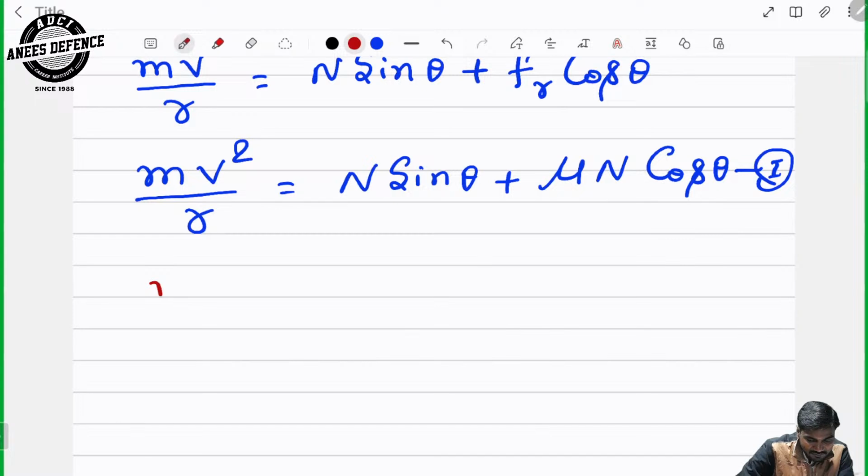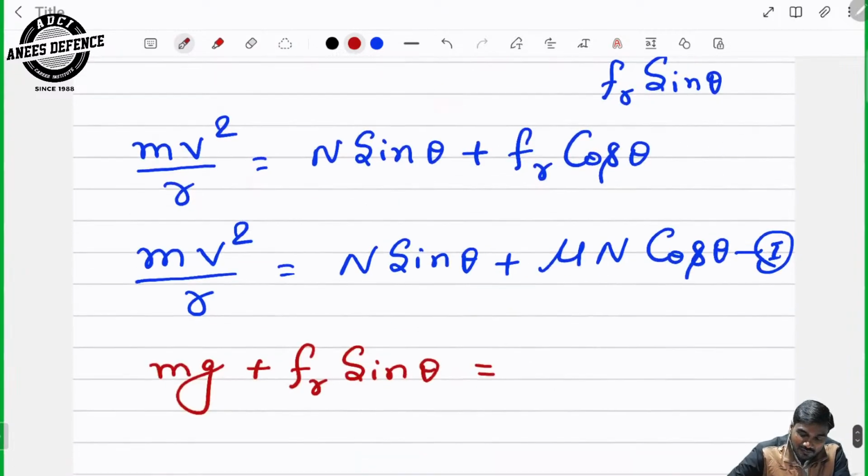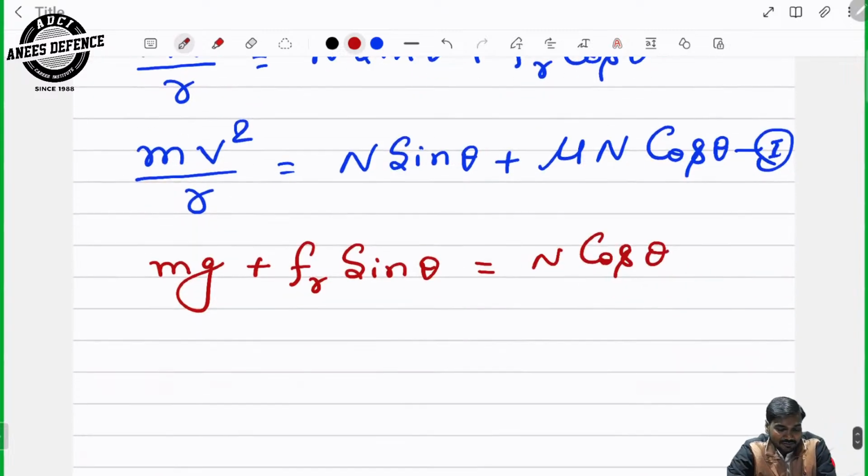So mg plus Fr sin theta is equal to N cos theta. Listen carefully. All trigonometric functions are on the right hand side. So take this trigonometric function to the right hand side.